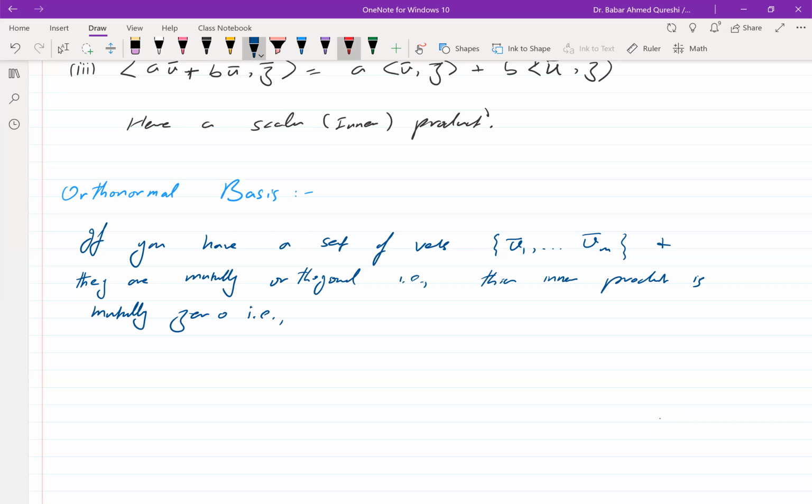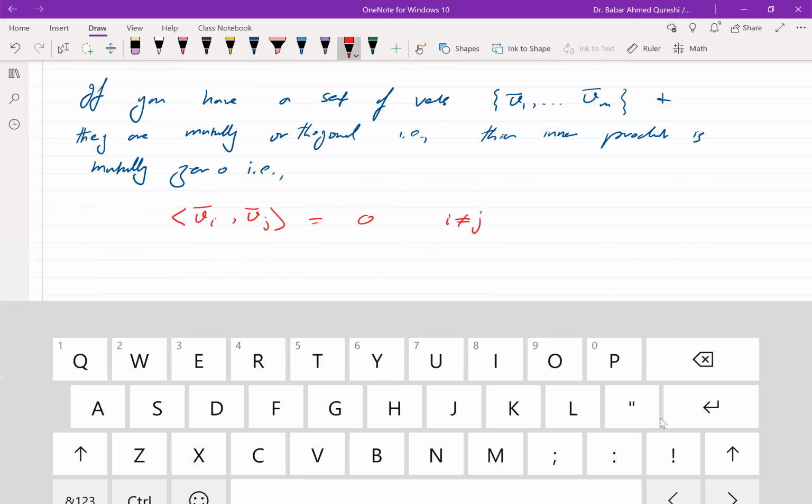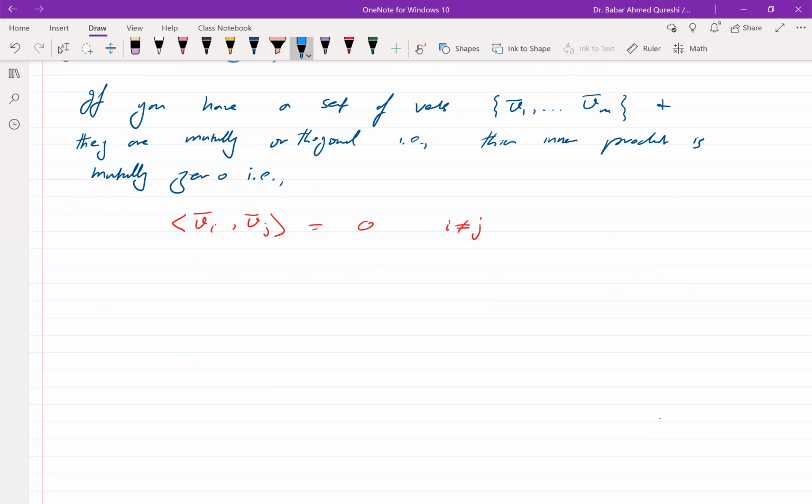What do I mean by that? I mean that if I pick any two different ones, then the scalar product is zero. So if this is true, then they are an orthogonal set. And on top, so this is orthogonal.